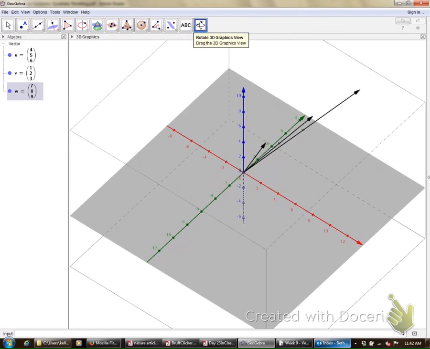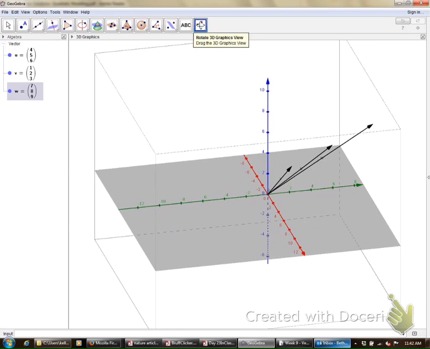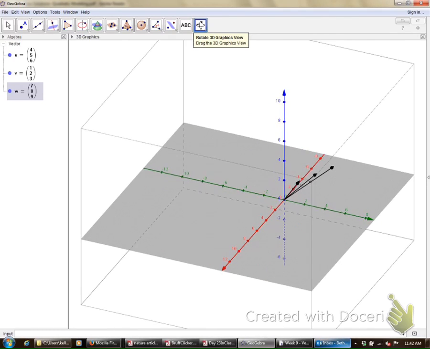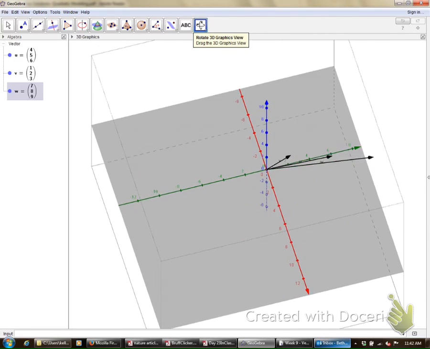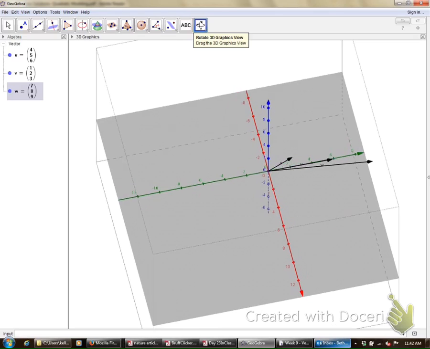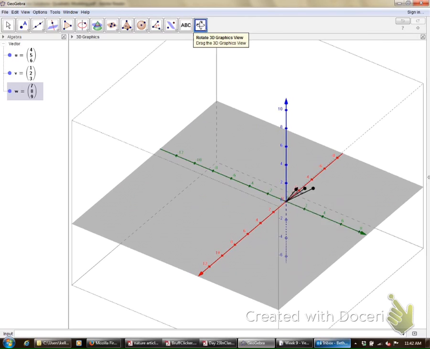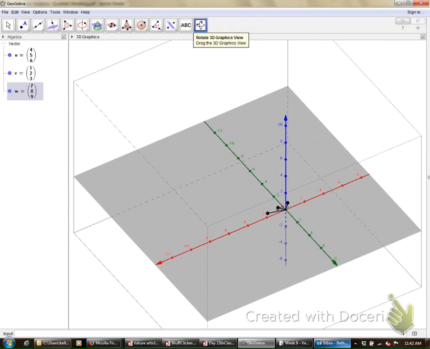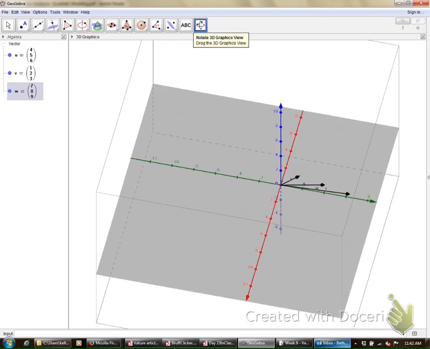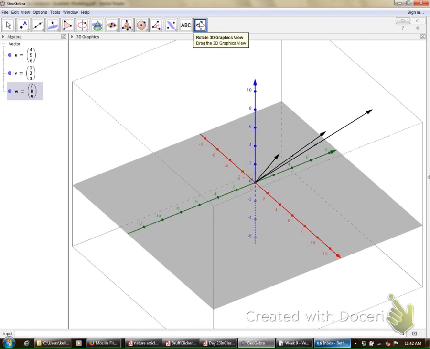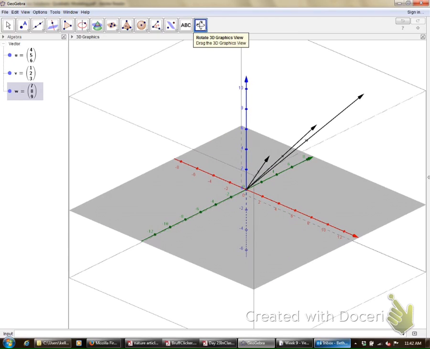So there they are. And what we notice when we move these around is that these three vectors all seem to lie in the same plane. You see that? They all seem to lie in the same plane. And so what we should expect is that our span is actually just going to look like a plane.